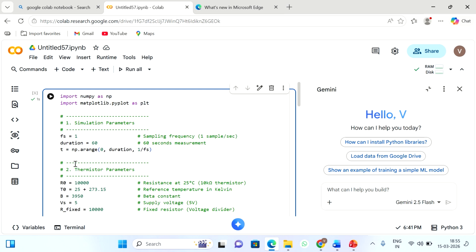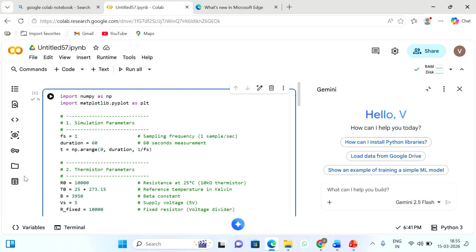This first one simulates thermistor resistance variation with temperature using the voltage divider circuit model. Then it converts measured voltage to resistance, and once again the resistance value is converted into temperature. Then it plots voltage versus time, resistance versus time, then temperature versus time.